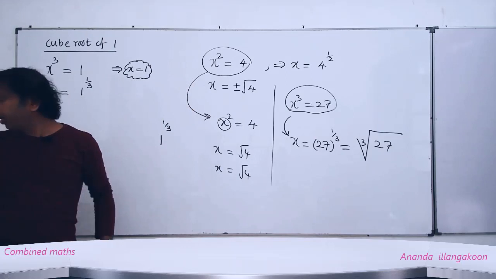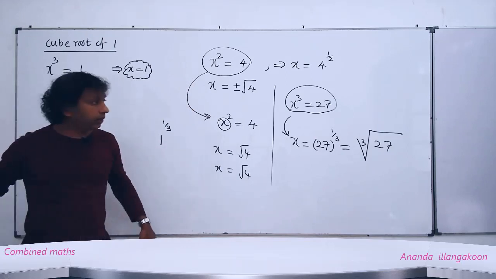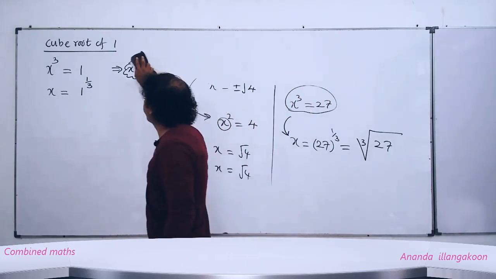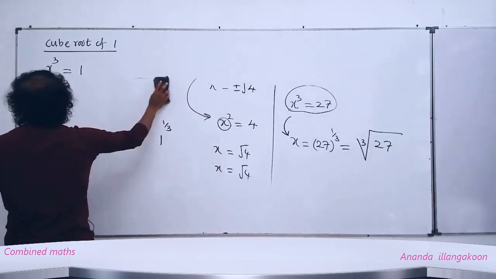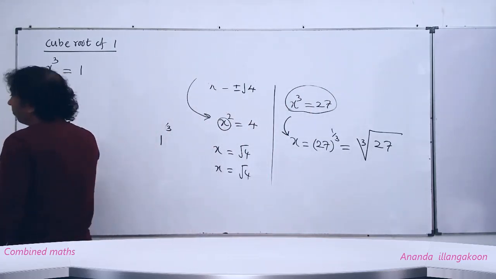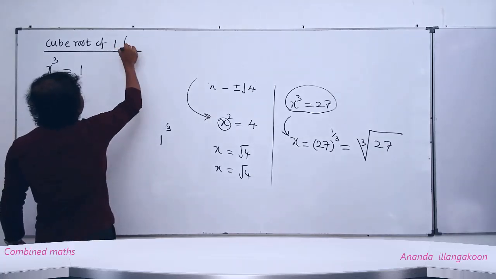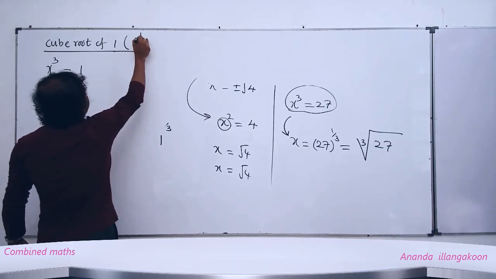Now we'll write like this. Cube root of 1 means, within bracket, 1 to the power 1/3.